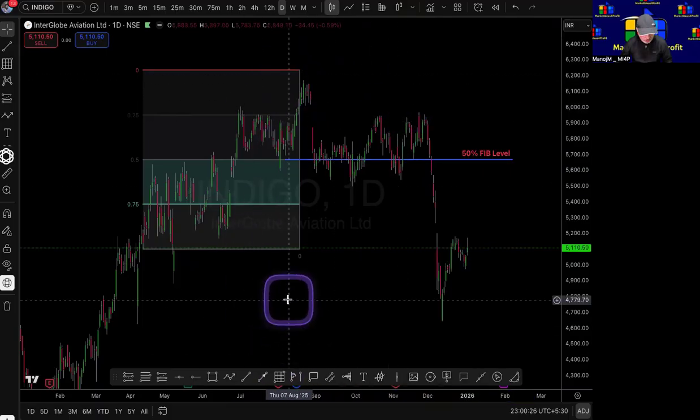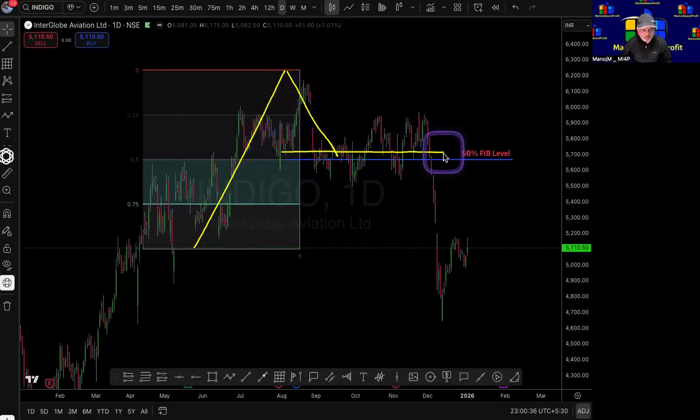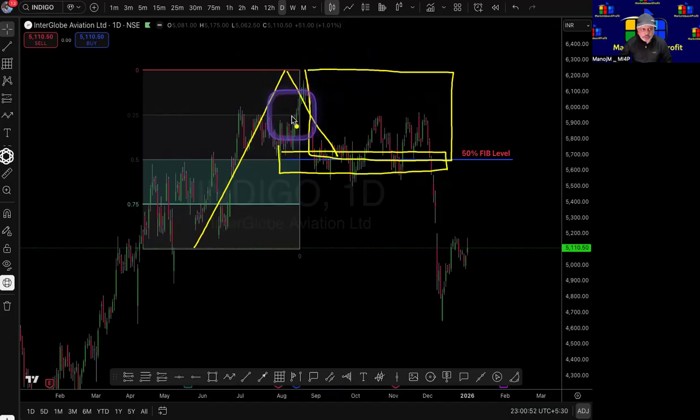We went up. Now let's go back to our tools, right? We went back up. Okay. We came down. We wobbled around this area for a while, right? And if you take the tool again and consider this box, you see this is the 50%.